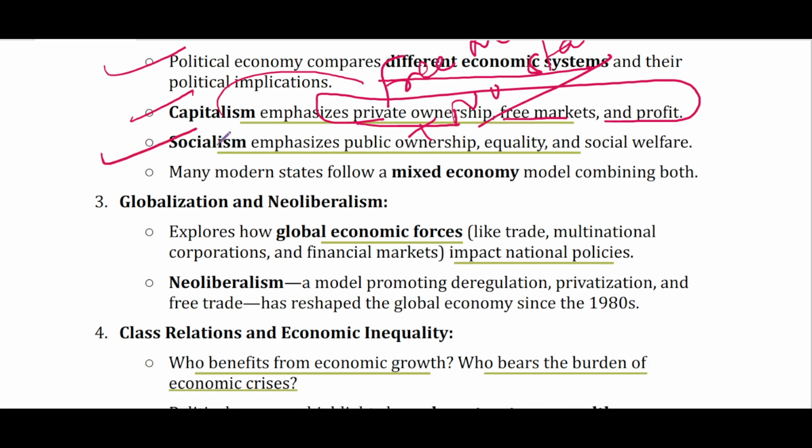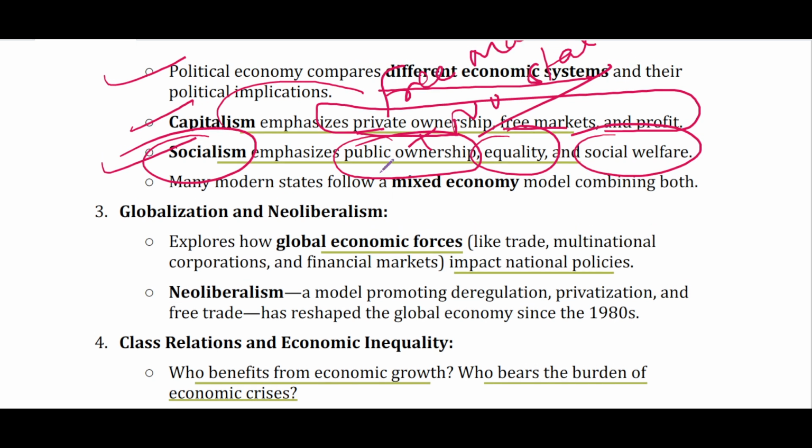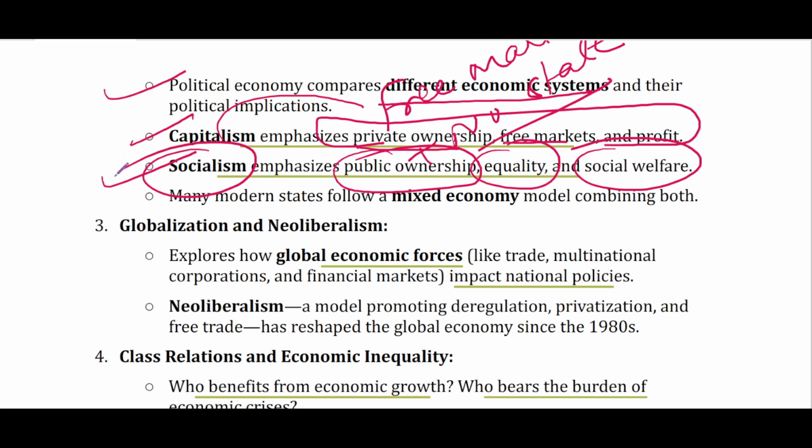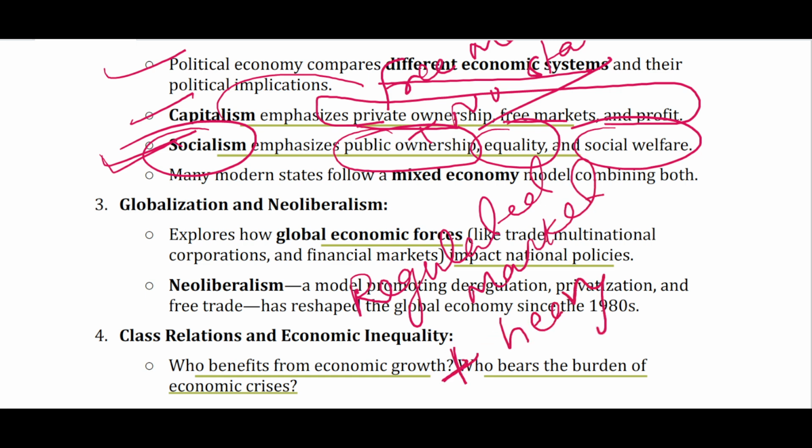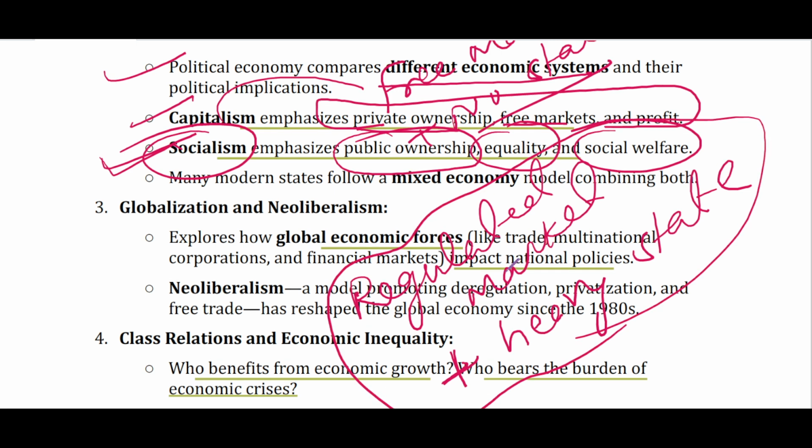The second such type of government is the socialist state, which is about public ownership, equality, and social welfare. So this socialist state it is in short regulated market plus heavy state.